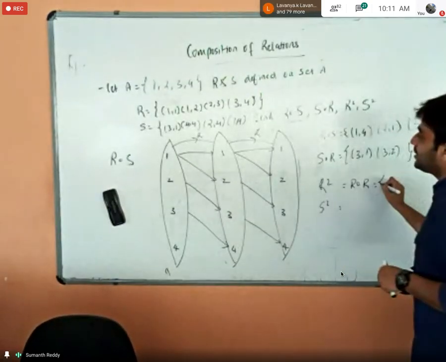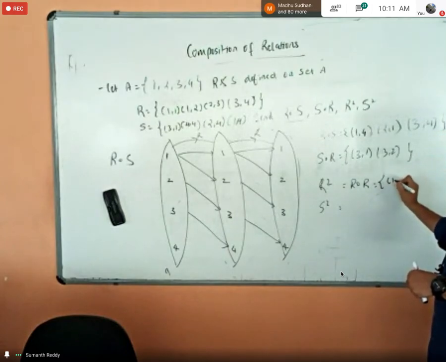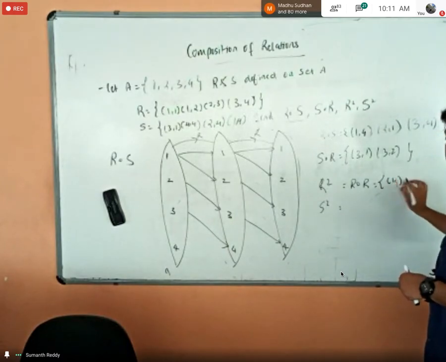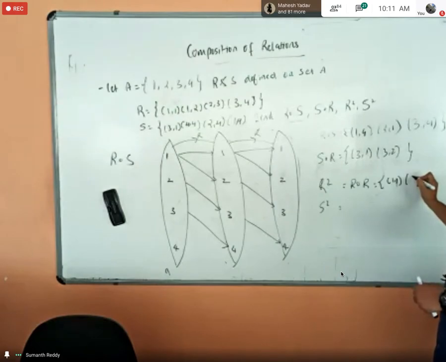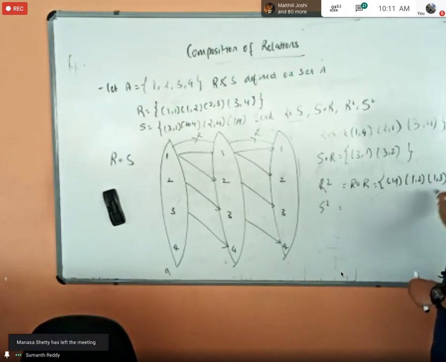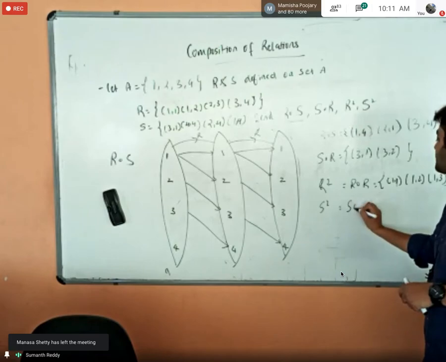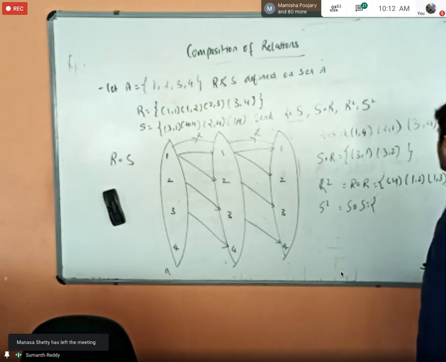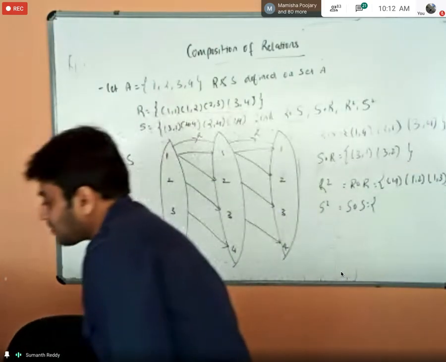So R square will be (1, 1) and (1, 2) and also (1, 3). Fine. So (1, 1), (1, 2), (1, 3) are the answers for R square.